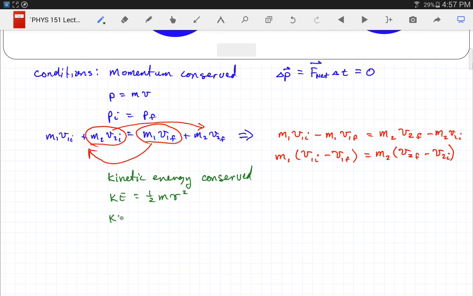So setting kinetic energy initial equals kinetic energy final gives me 1/2 mass 1 v1 initial squared plus 1/2 mass 2 v2 initial squared equals 1/2 mass 1 v1 final squared plus 1/2 mass 2 v2 final squared.